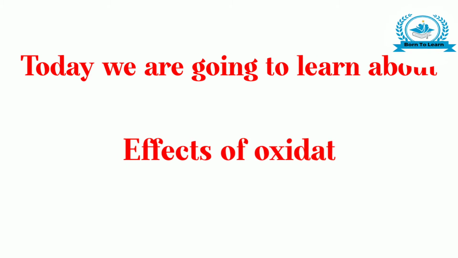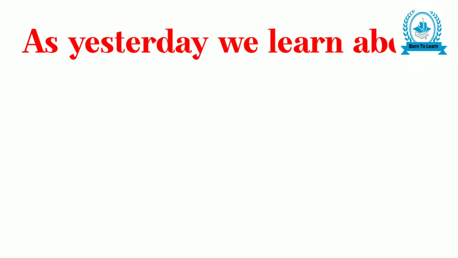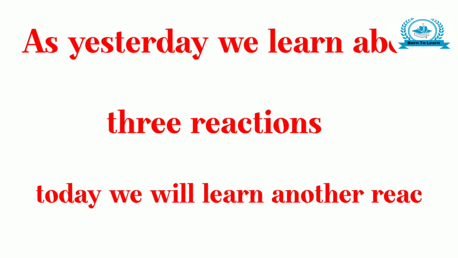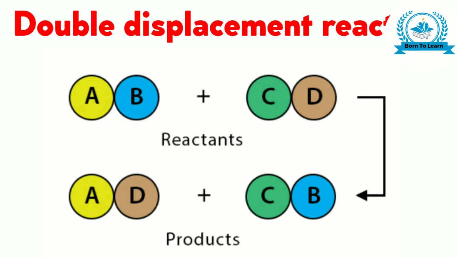Today we are going to learn about effects of oxidation reaction. As yesterday we learned about three reactions, today we learn another reaction. Fourth one, double displacement reactions. Those reactions in which two compounds react by an exchange of ions to form two new compounds are called double displacement reactions.